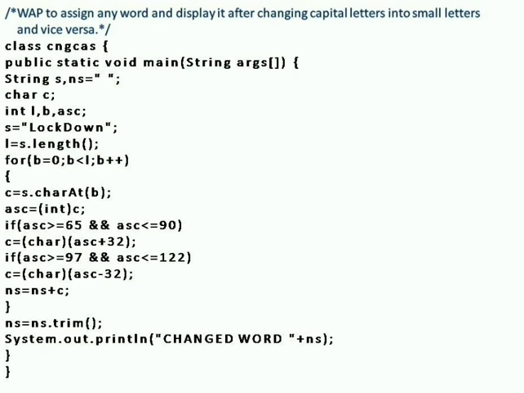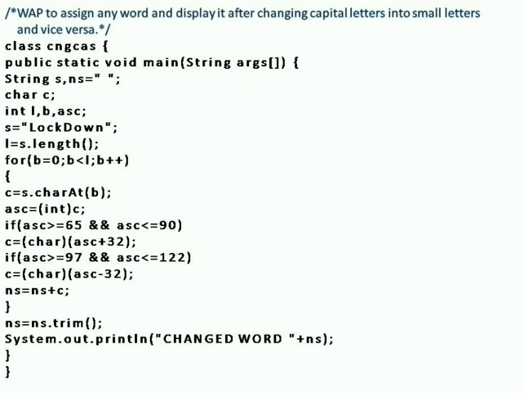Now C equal to S dot charAt B. That means I am extracting one character from the word from position B, and that character is stored in variable C. That is, when B is 0, the value of C will be capital letter L, which is the first letter in the word lockdown.